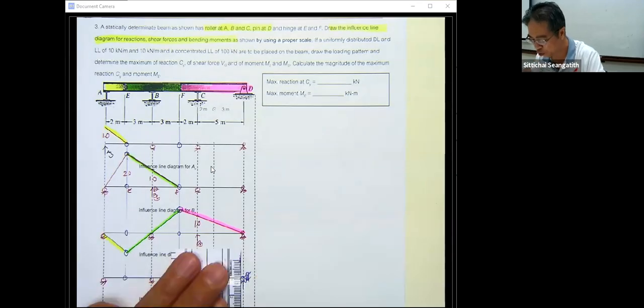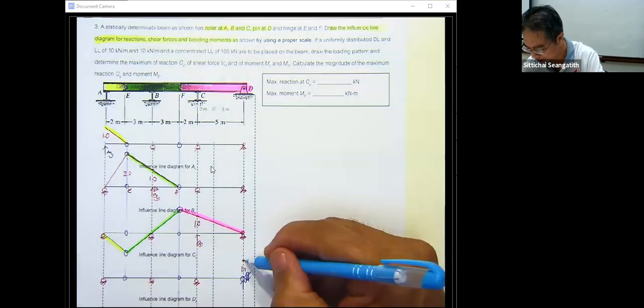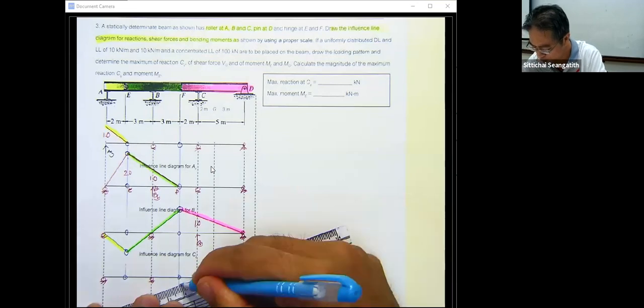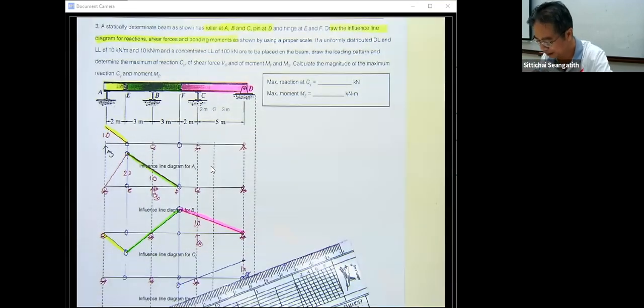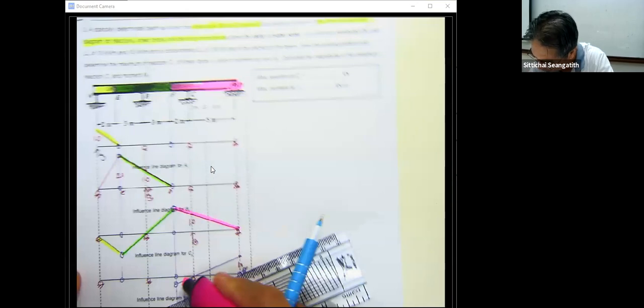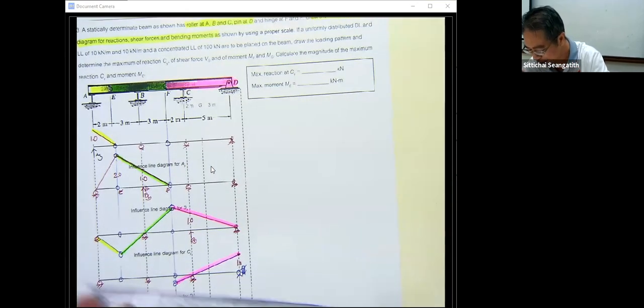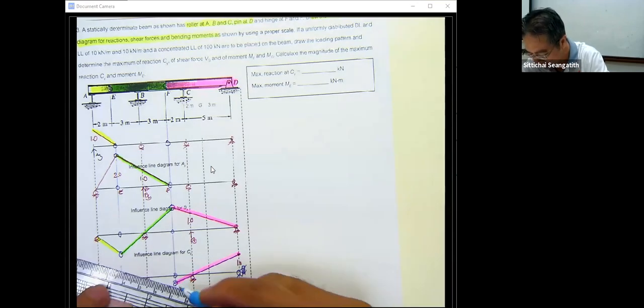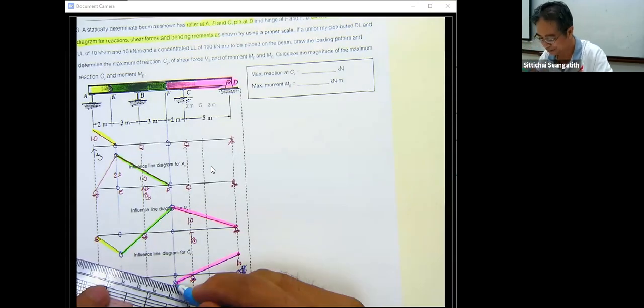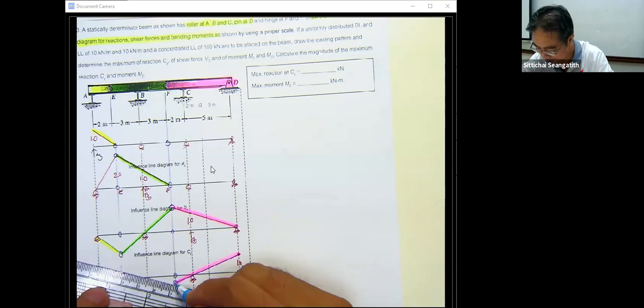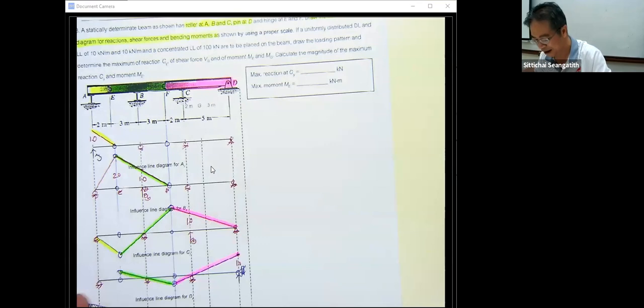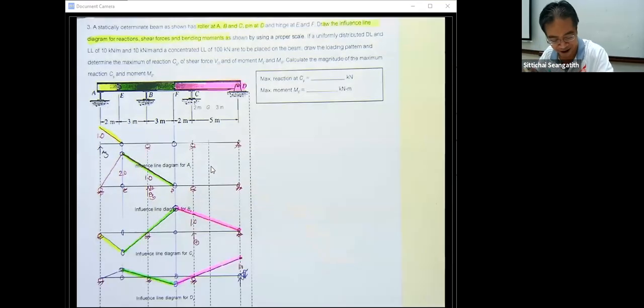When you push this one, this segment is going to move together again. This is going to be the pink, and this is going to move together. This is going to be the green. And then this is the internal hinge. Then we are going to have this one to be the yellow.